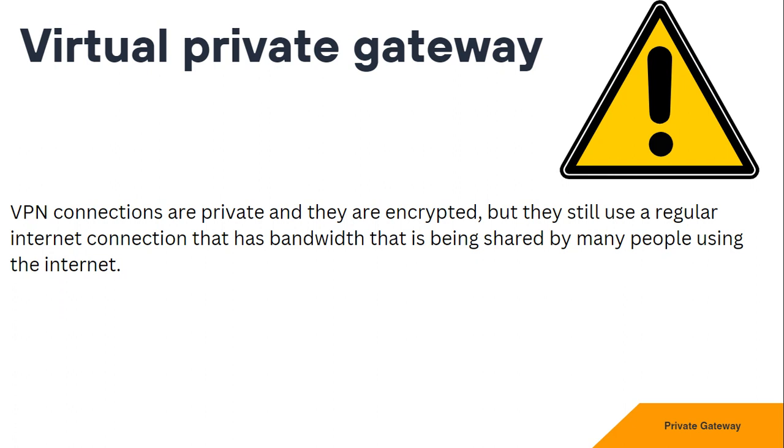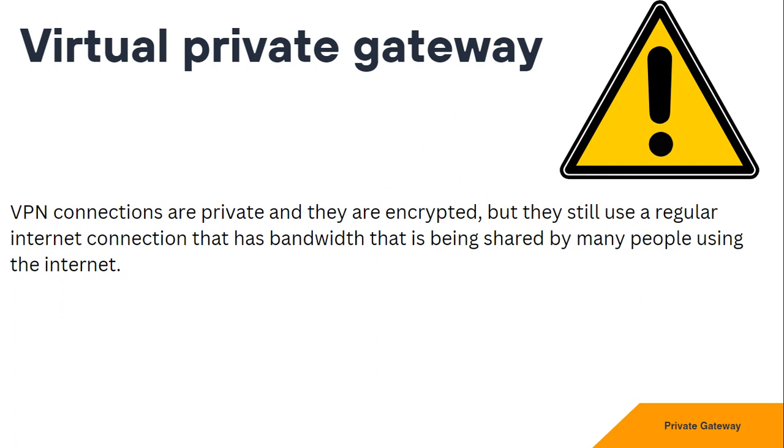So it's like I'm going from my office to home with a bodyguard, but I'm using the same path where everyone is using the same road. So I'm getting interruptions, everyone is walking. There is no dedicated path from my office to home, though I have a bodyguard. That is what a virtual private gateway is. So there is no dedicated path.